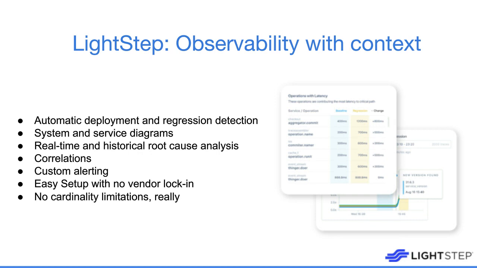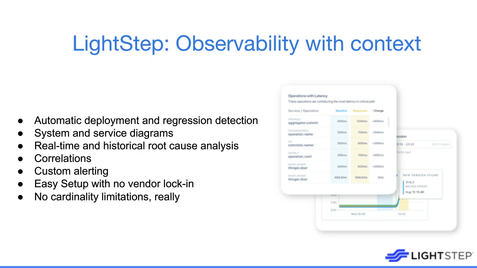We can give you real-time and historical root cause analysis through functions like correlations. Correlations will show you attributes or operations that correlate with latency. A good example of this is maybe you have a request that 1 in 10 times is slow. Why is that? Correlations can help you determine that it happened because a particular database server is slow, or a particular region is having poor performance right now, right?